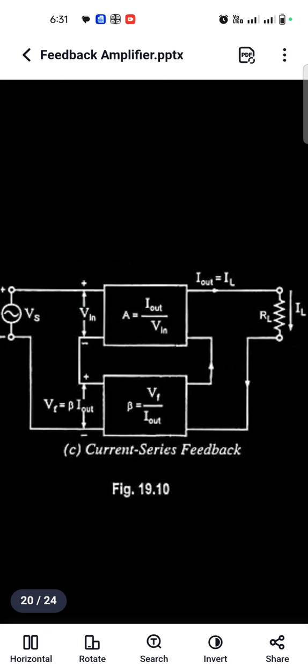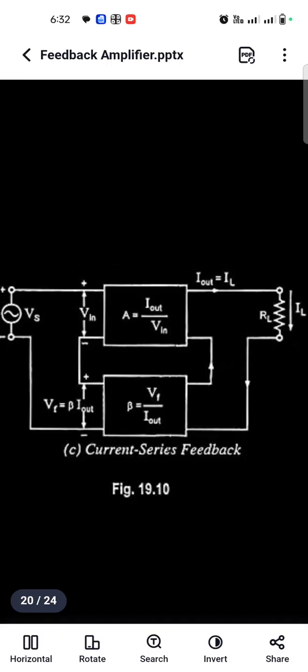From the diagram itself we understand. Which type of amplifier is used here? See, the output is current and the input is voltage. That is why this is a transconductance amplifier. What is the other name of the current series feedback amplifier?